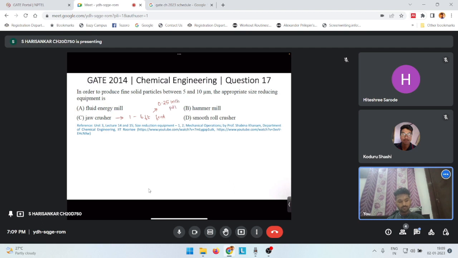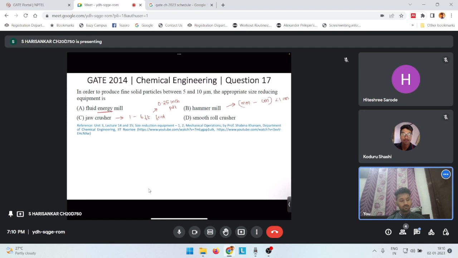Similarly, the product coming out of a hammer mill will be in the range of millimeter to some centimeter range, usually less than 1 centimeter. And a smooth roll crusher also has a similar range as these crushers and hammer mills. So the only option remaining here is the fluid energy mill.